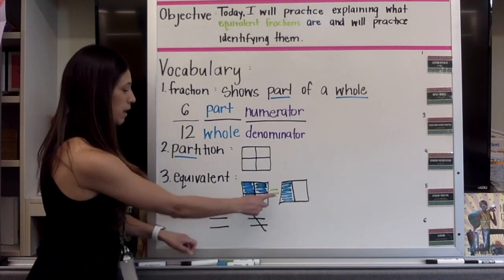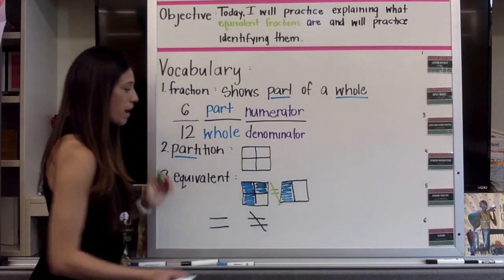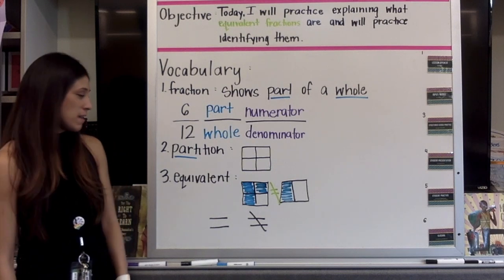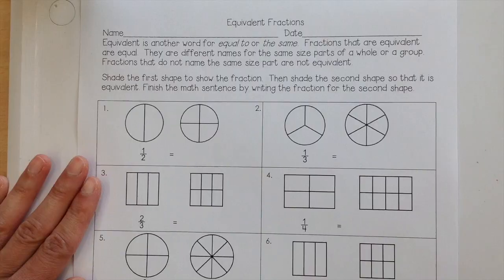So then I would come over to my equal sign and I would say, never mind, they're unequal. They're not equal, okay? So we're going to be using these today in math, all right?